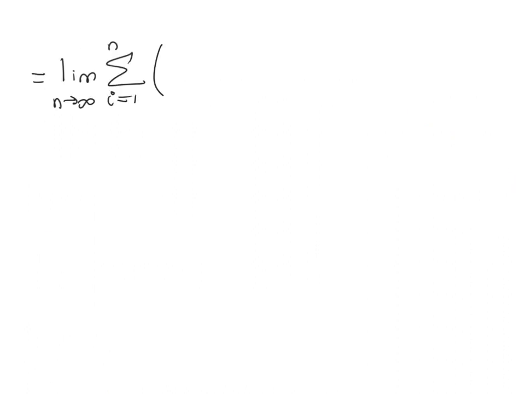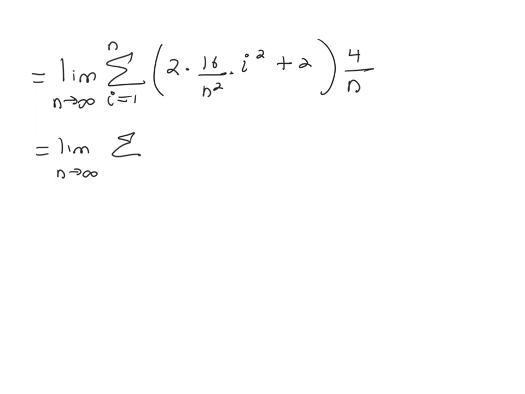All right, so we have the limit as n goes to infinity of the sum of I going from 1 to n of, that was 2, times 16 over n squared times I squared plus 2, and we're multiplying 4 over n like this. Okay, if we multiply that in, this is the limit as n goes to infinity of the sum of I going from 1 to n of.